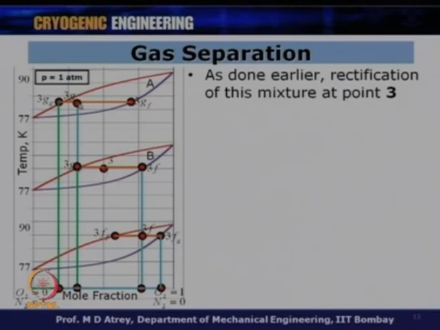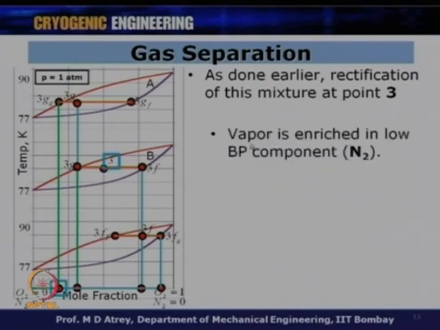It will further move towards the left, and ultimately what you get is the low boiling component getting richer and richer in vapor, and ultimately this vapor will get condensed when you shift toward the left y axis, while the high boiling component in liquid will move to the right axis, which is oxygen in this case, and nitrogen in this case. So, as done earlier, in the rectification of this mixture at point 3, the vapor is enriched in low boiling component nitrogen.